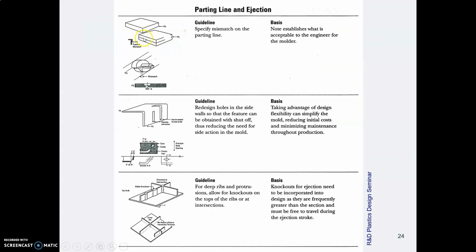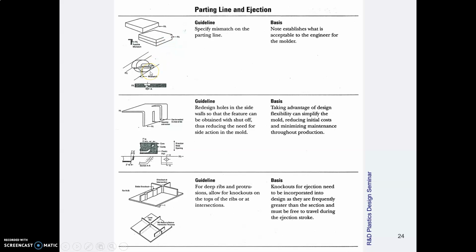A parting line is the place where the two mold halves come together. And depending on the precision of the mold, you might get a little melted plastic squirting out between those two mold halves. That's called flash. And if you look at inexpensive plastic parts, like let's say plastic picnic spoons, you will almost always find some flash.